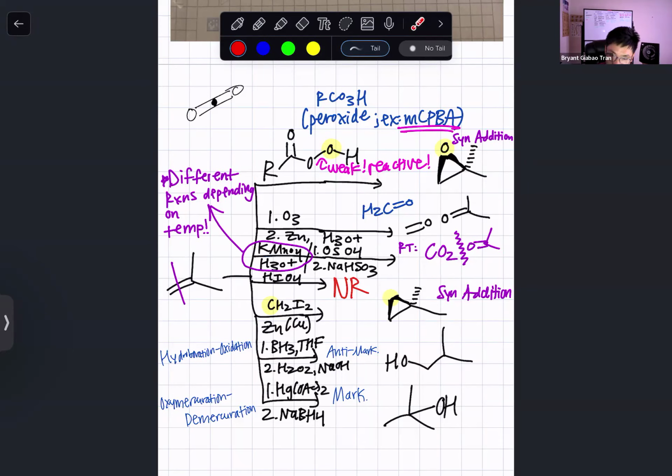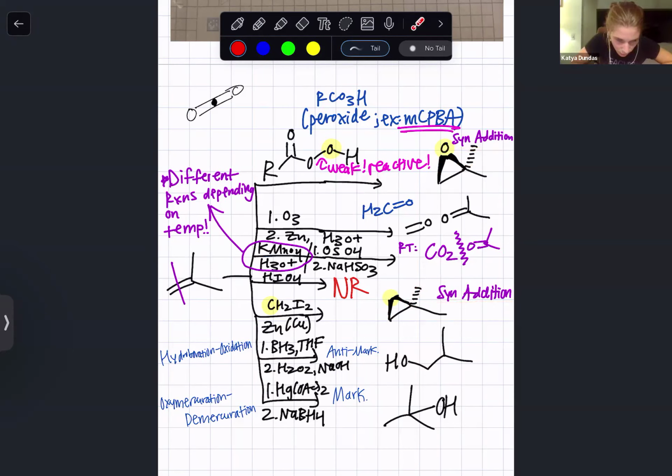That's why I said the wedges and dashes are optional. But if there was a chiral center, you do need to include wedges and dashes, because some problems will require them. And also the syn addition as well.